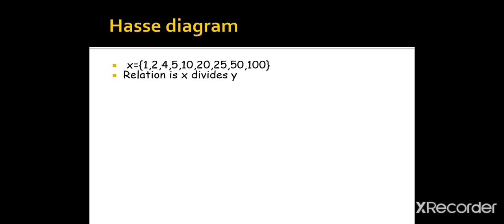To find the exact upper bound and lower bound, we have to draw a Hasse diagram. The relation is x divides y and x is less than or equal to y. So we take the smallest element, which is 1, at the bottom. Then come 2, 4 and 5. But 2 divides 4, so we join 1 and 2, and 1 and 5.